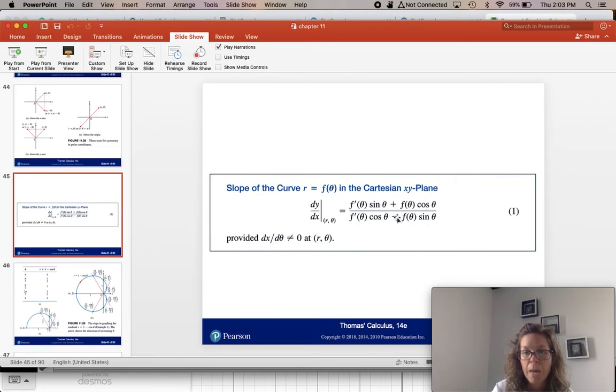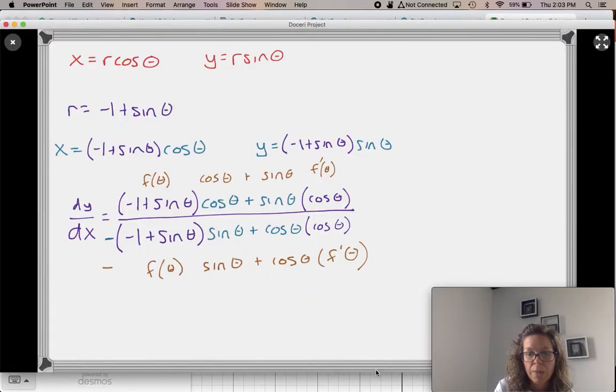And then on the bottom, my minus is out front. So I have minus function times sine plus derivative times cosine. So I end up with this formula every single time, but it just happens for me by thinking about it as a parametric, an xy, and doing a dy dx that way.